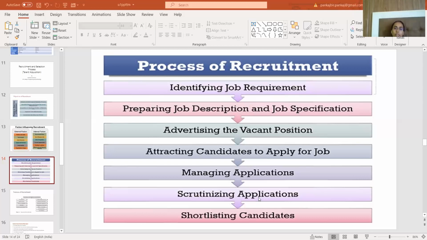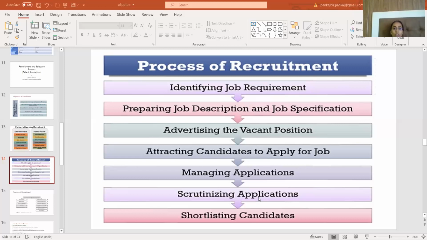The second step is preparing the job description and job specification. The job description discloses job-related details like designation, location, duties and responsibilities to perform, and required experience. The job specification includes the skills, ability, knowledge, and experience of the person who is going to perform that particular job.